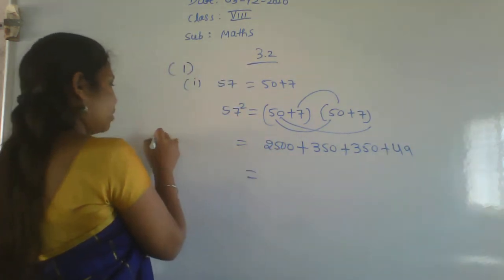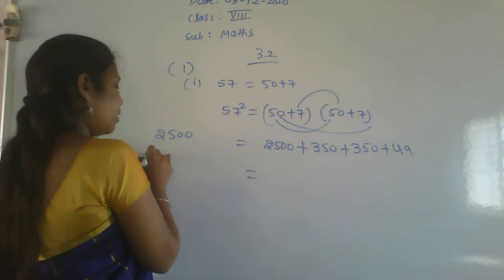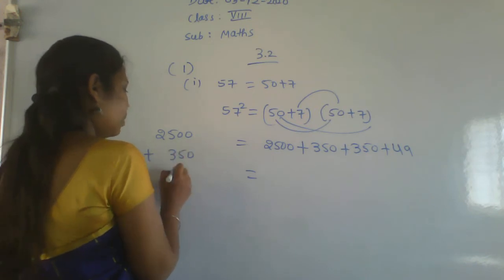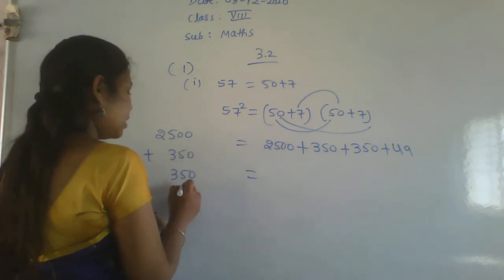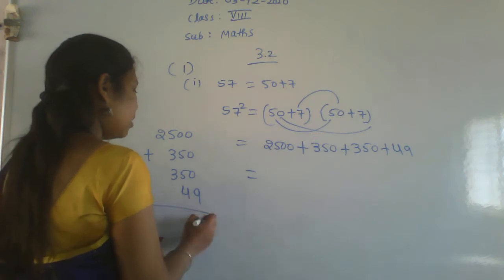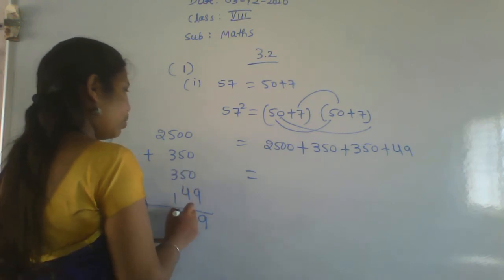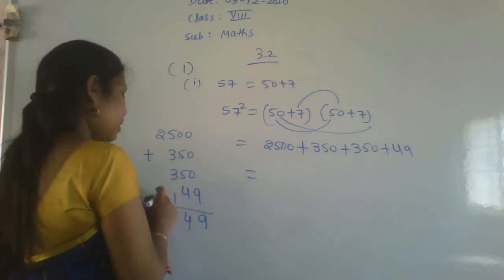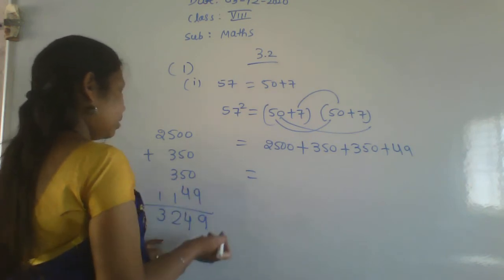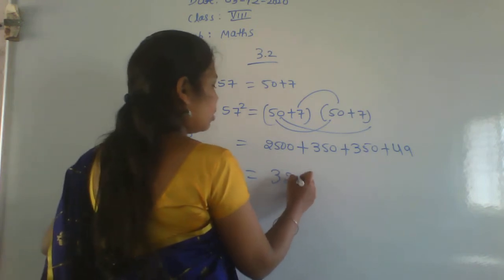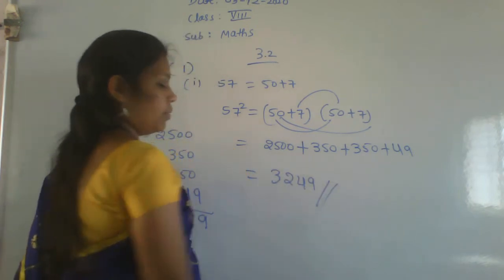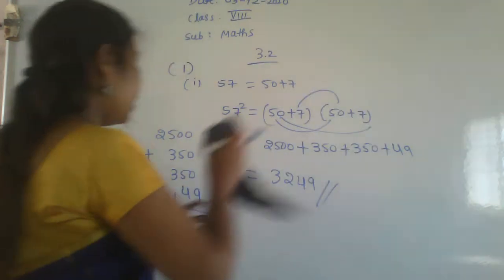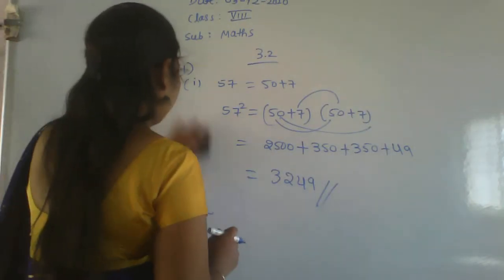Now add the numbers: 2500 plus 350 plus 350 and next 49. What is the answer? 3249 is the answer.